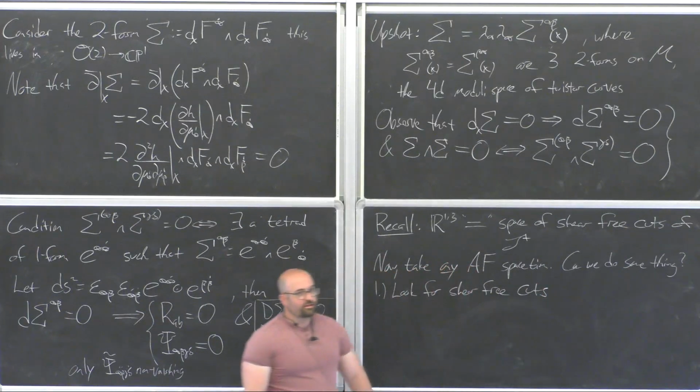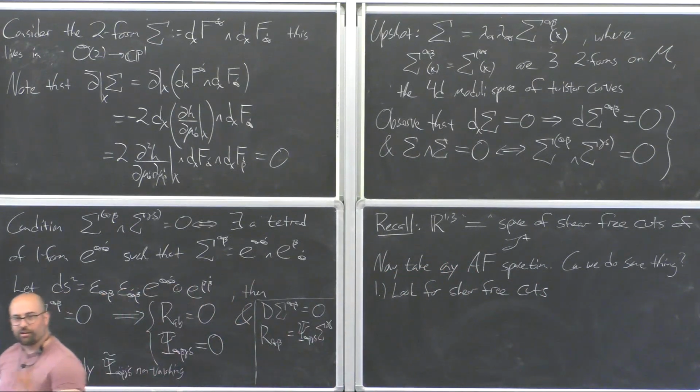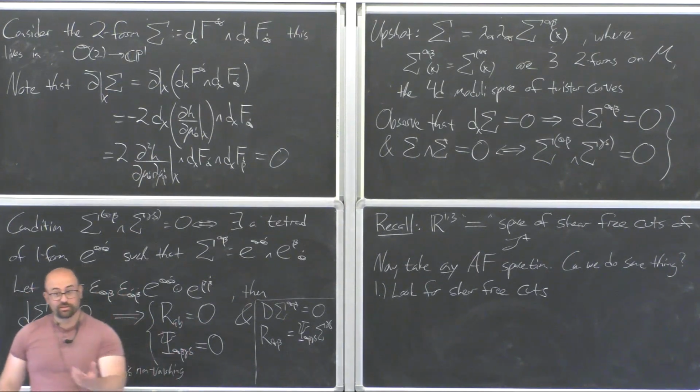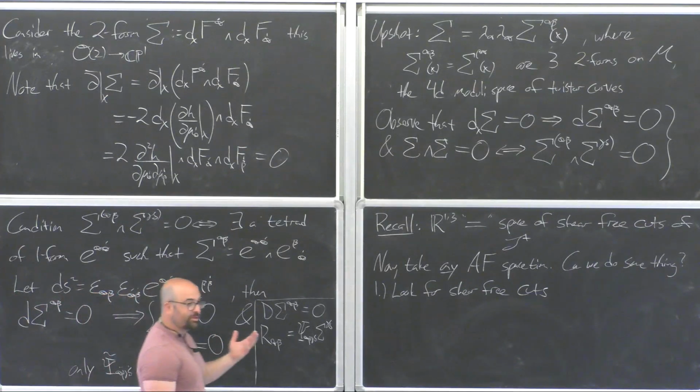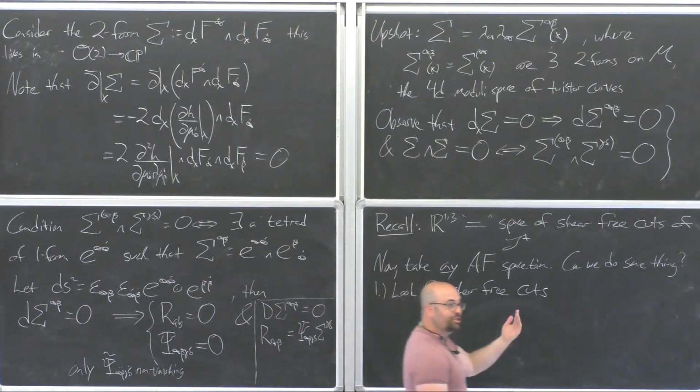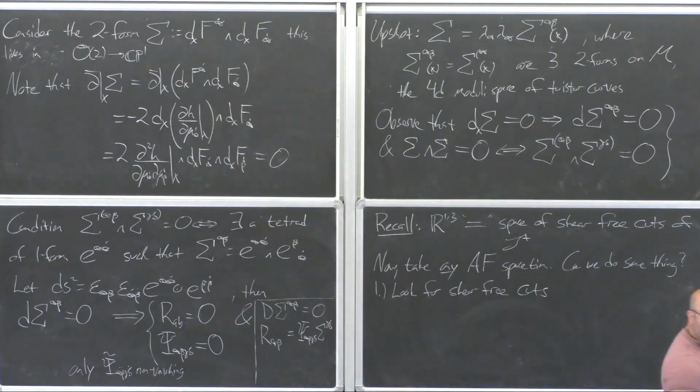Cuts of Scri. But it's very easy to see that in a generic asymptotically flat spacetime, there will be no such shear free cuts, coming from null geodesic congruences in the bulk of the spacetime. That's a consequence of something called the Goldberg-Sachs theorem, which tells you that shear-free null geodesic congruences exist in a spacetime if and only if the spacetime is algebraically special. So its Weyl tensor has some kind of degeneracy to it.